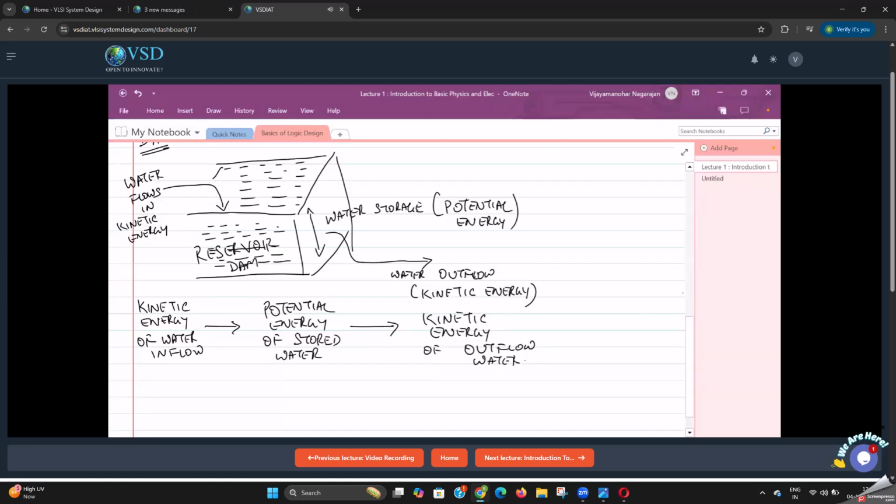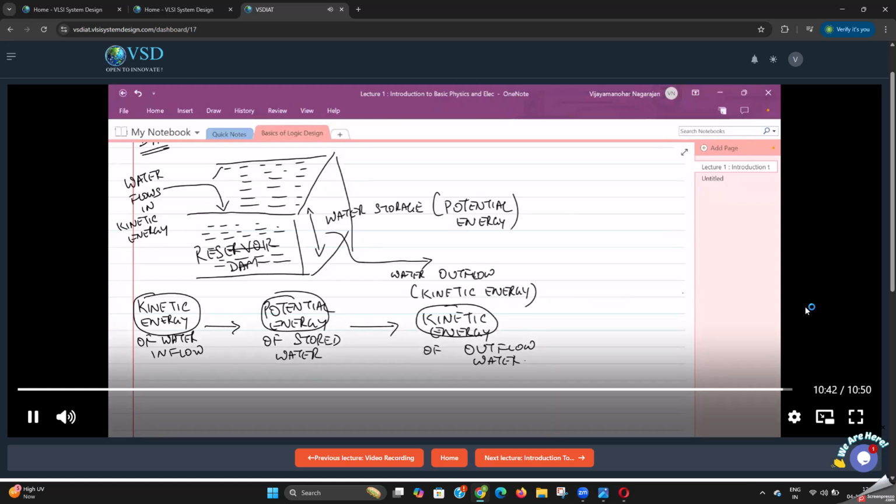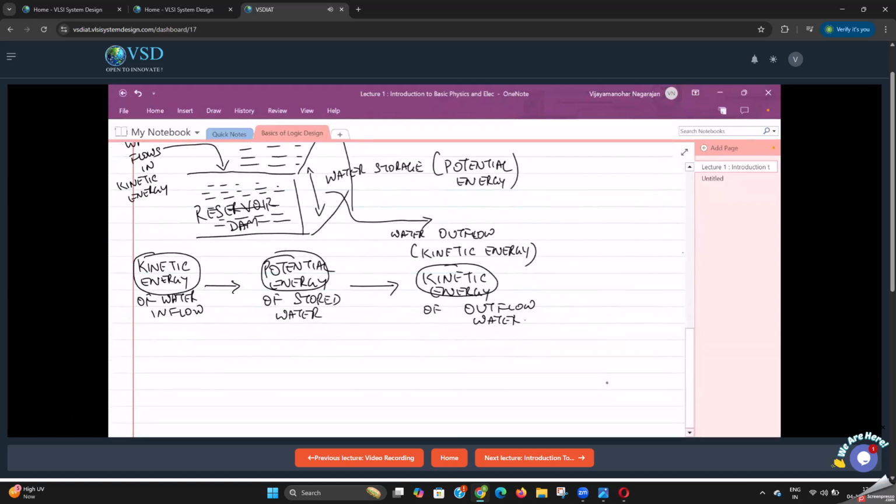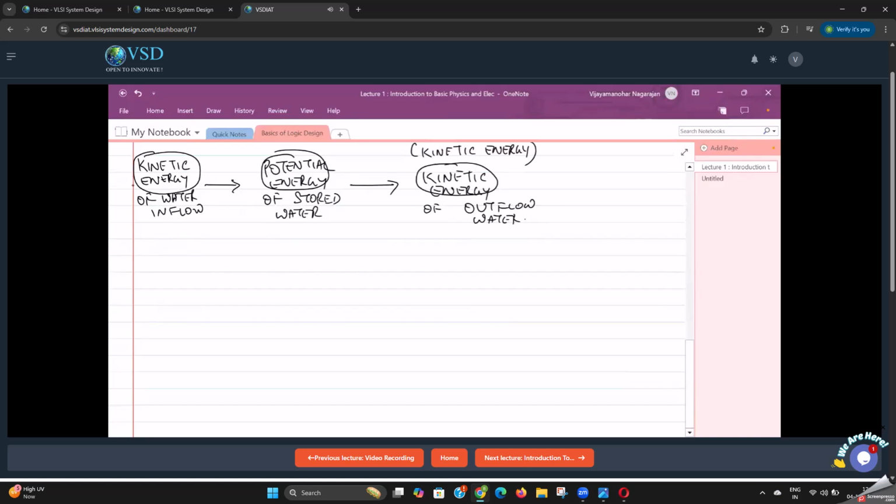So we are converting kinetic to potential and back to kinetic. This is the play which happens across all the domains. The same thing is happening when you cook also. So this is the water example, and let's take the example of cooking.